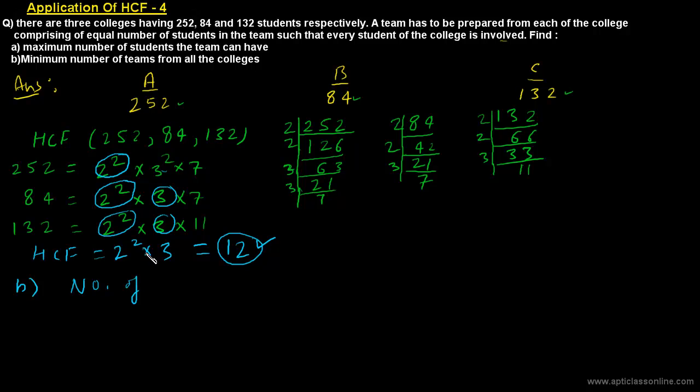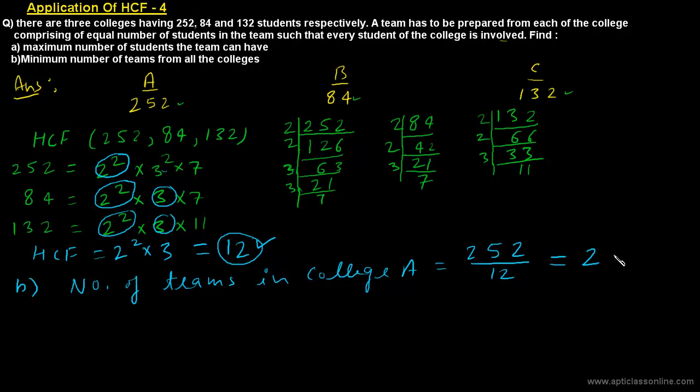So number of teams in college A, the first college: the total strength of the college is 252 divided by 12, that is equal to 21. 21 is the number of teams in college A. Similarly, the number of teams in college B is the strength of the college, 84, divided by 12, it is 7.